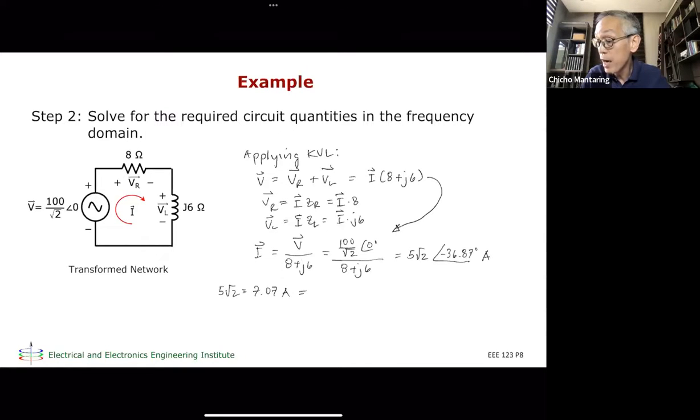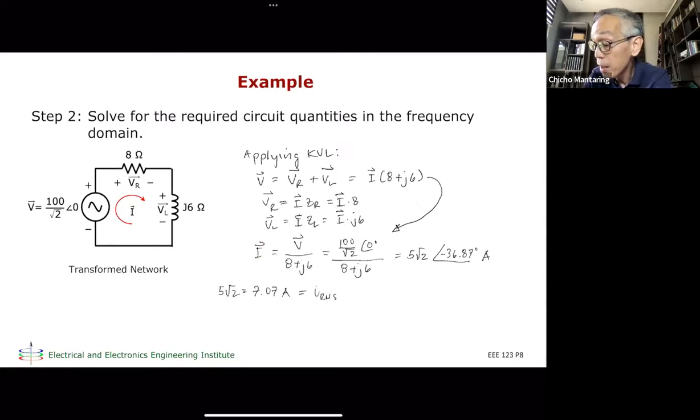This is the RMS. This is already I RMS, the effective value of I. Sometimes that's all the problem asks: if it only asks for the RMS value of this current, we already know the answer at this point. So this is the phasor value of I.